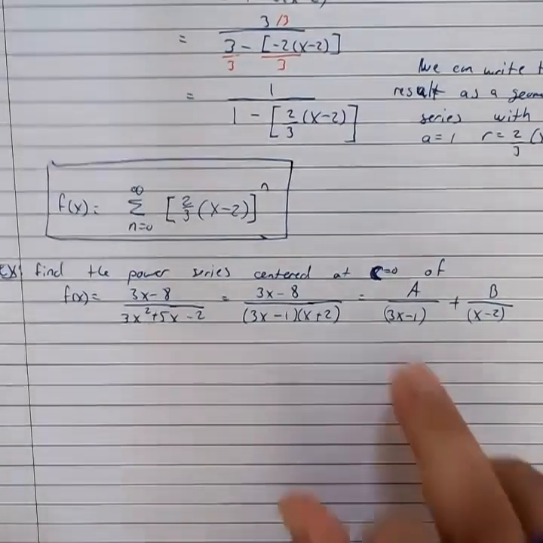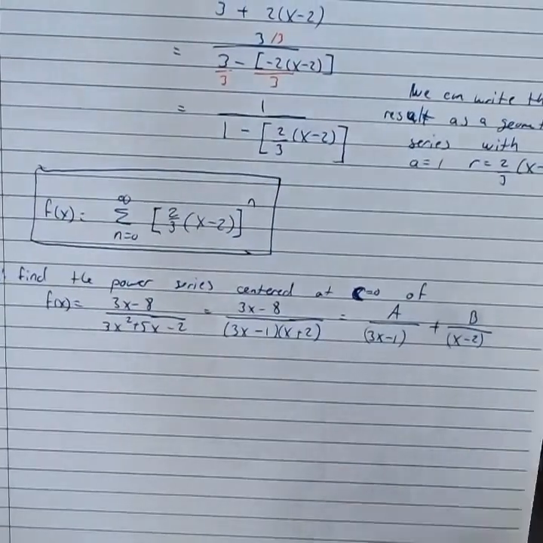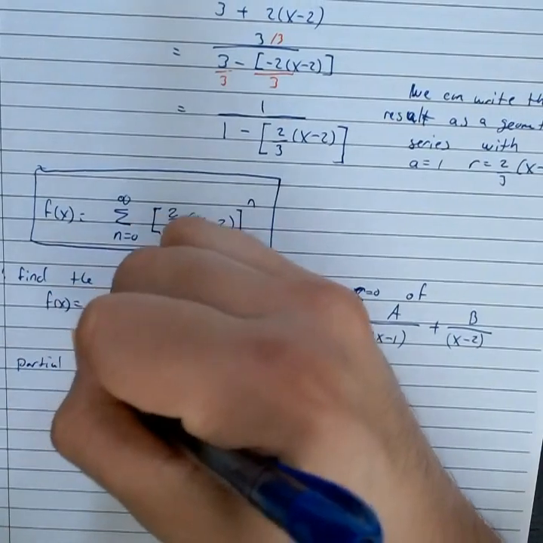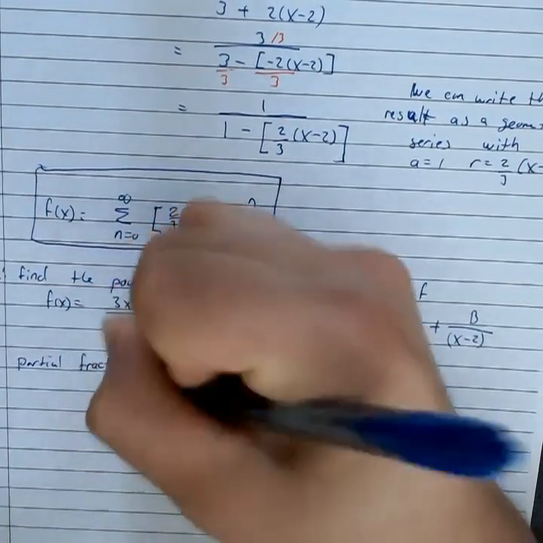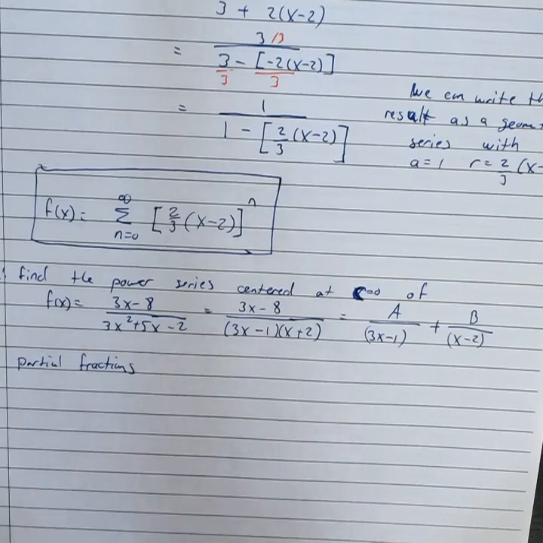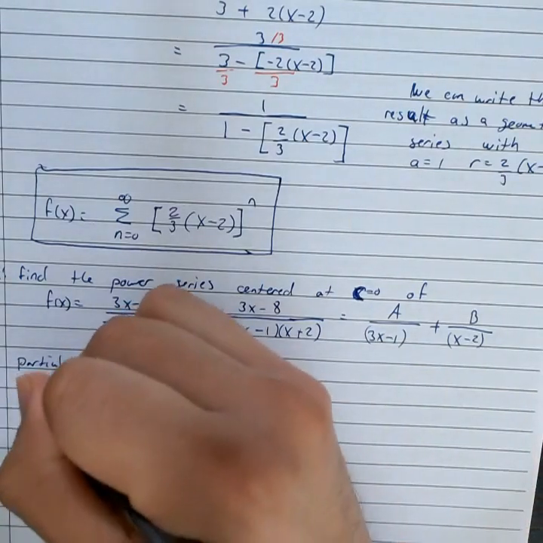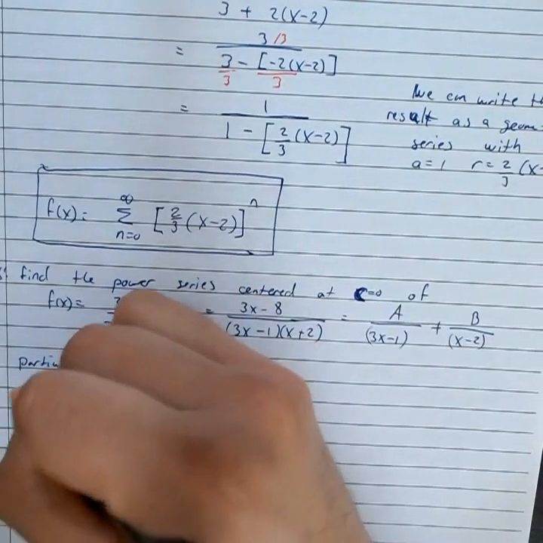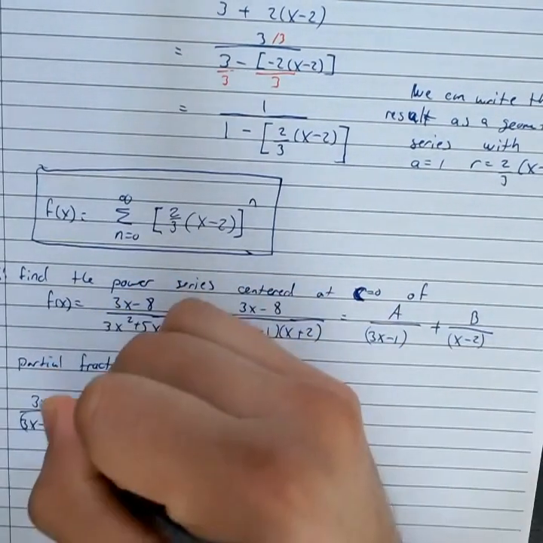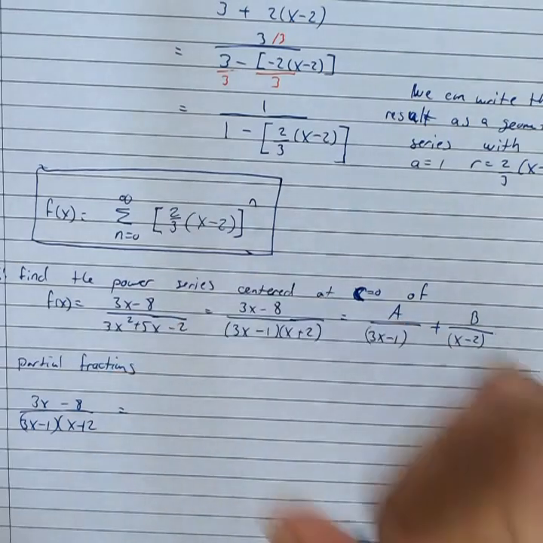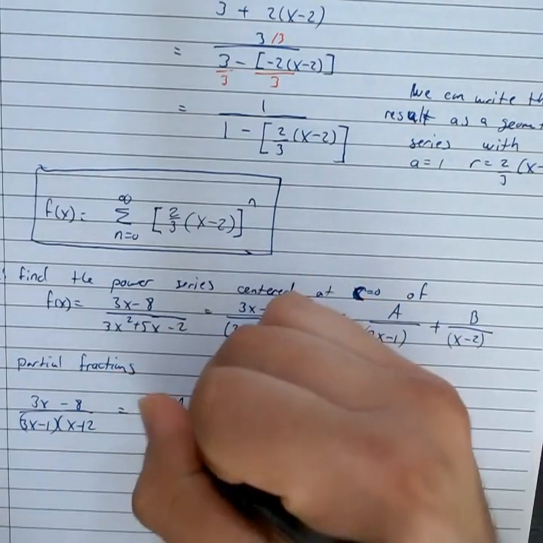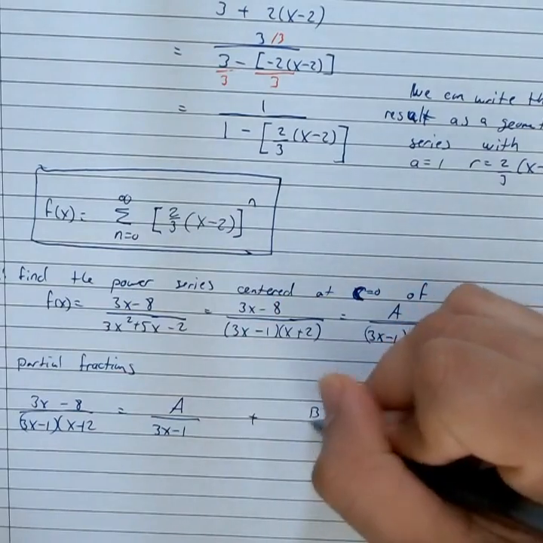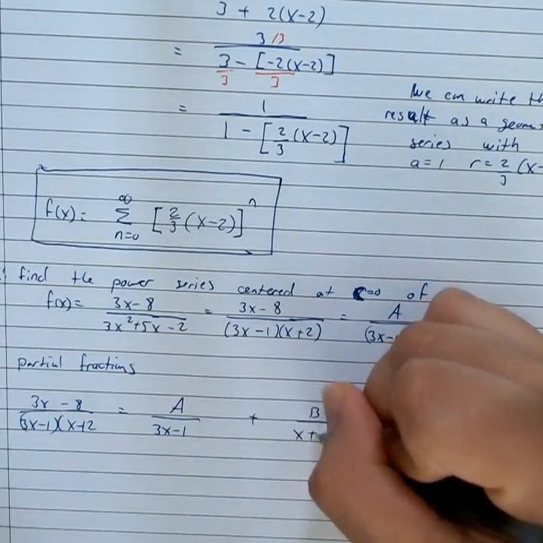Okay, so let's go ahead and split this as partial fractions. All right, remember how that works. We're going to take 3x minus 8 over 3x minus 1 times x plus 2 is equal to a over 3x minus 1 plus b over x plus 2.